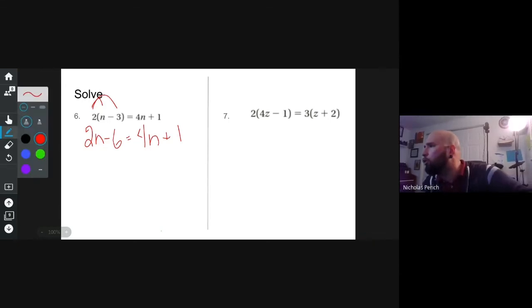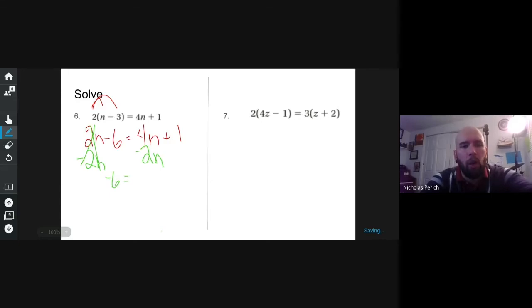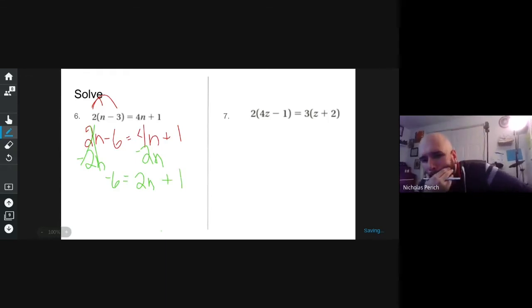What do I do to both sides? Unmute yourself or type it. Joy said subtract 2n. I agree 1,000%. Minus 2n, minus 2n. What drops down is the negative 6 equals 4n minus 2n is 2n plus 1. Now what do I do?